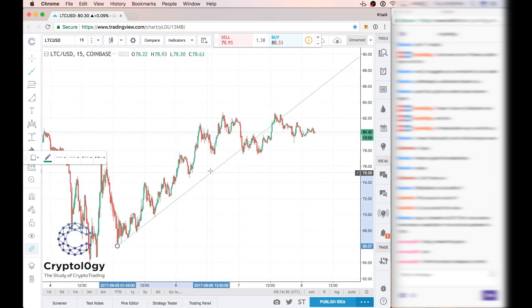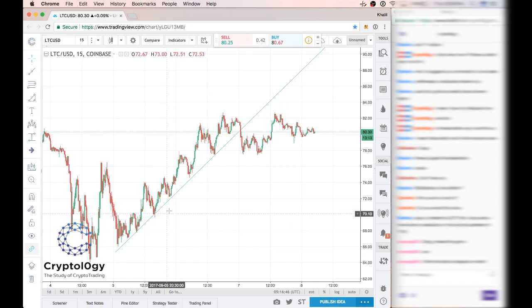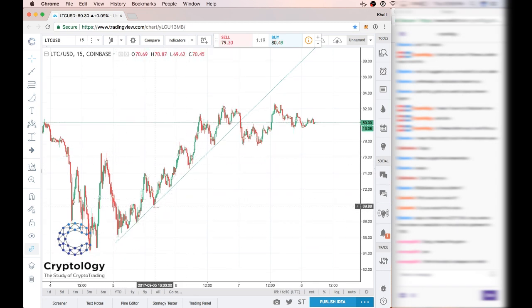This is called a trend line. Maybe I don't like this. Pretty much like that. It's close enough. You guys can see it doesn't have to be a perfect fit, but it's bouncing off this line once, twice, three times, four times.